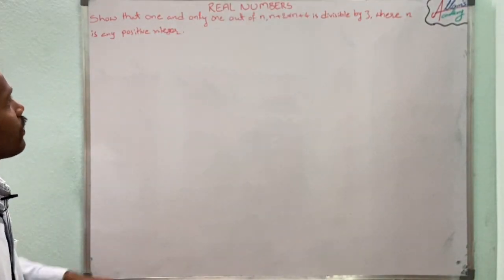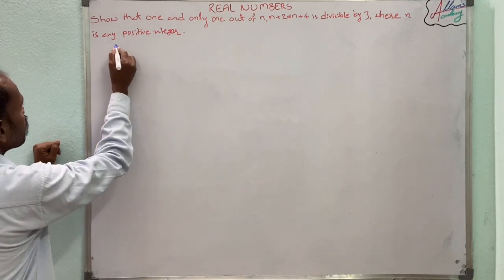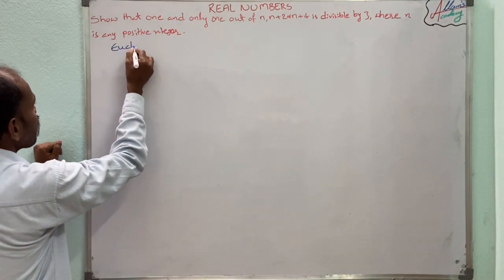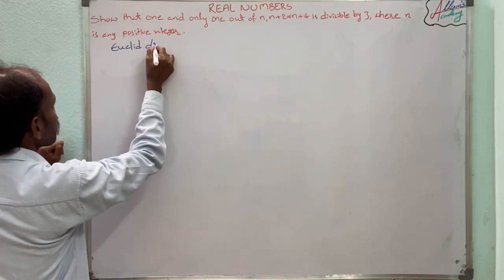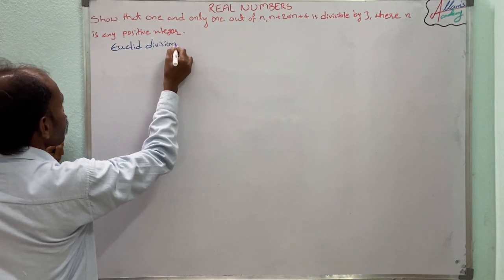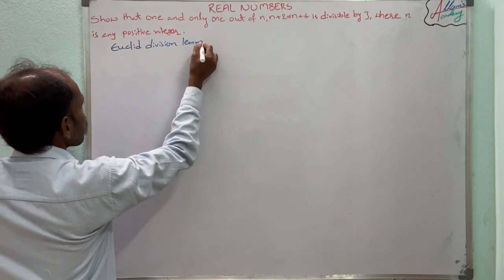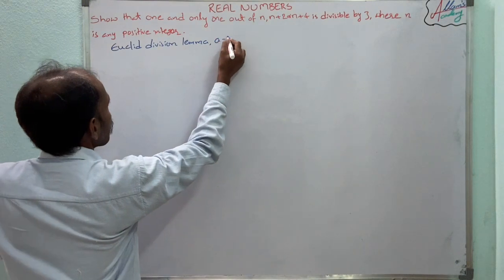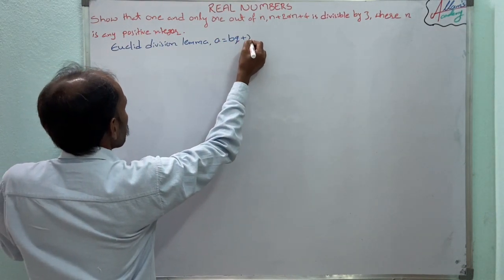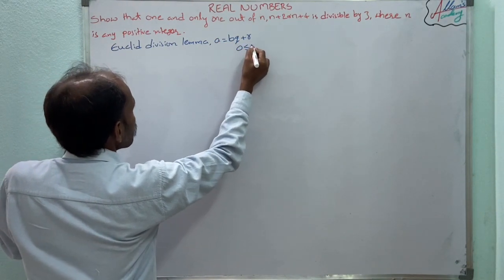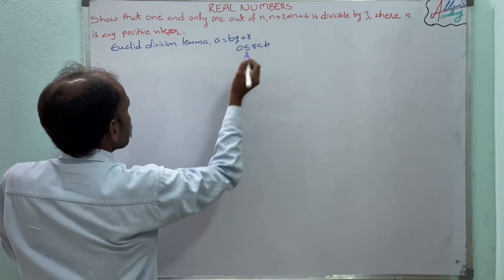So here we also take the Euclid division lemma: a equal to bq plus r and 0 less than or equal to r less than b.